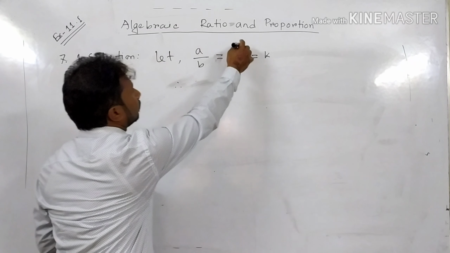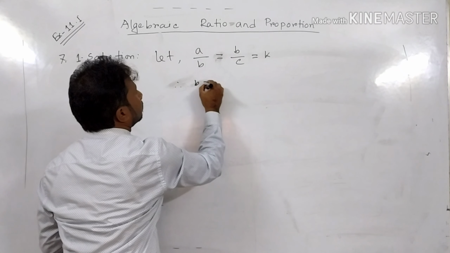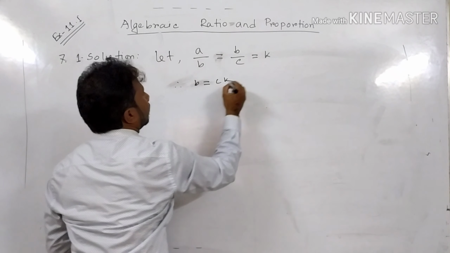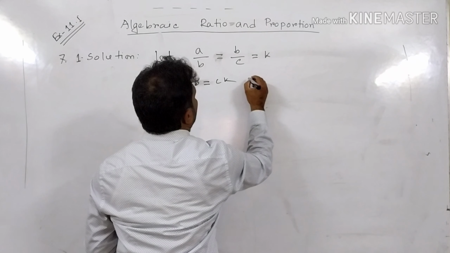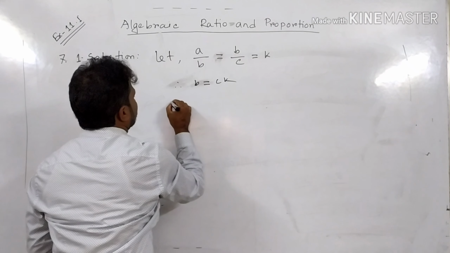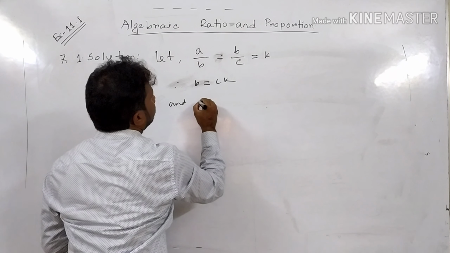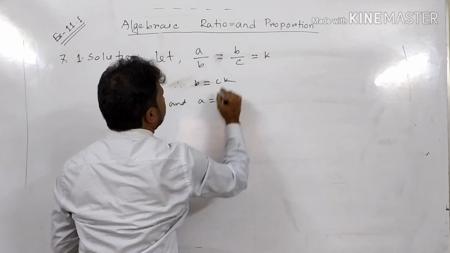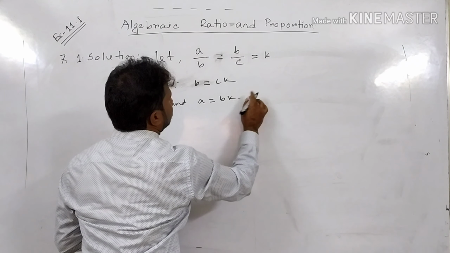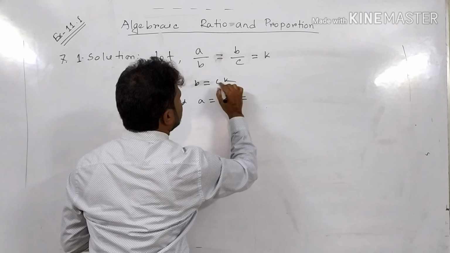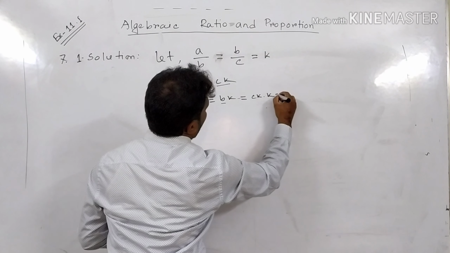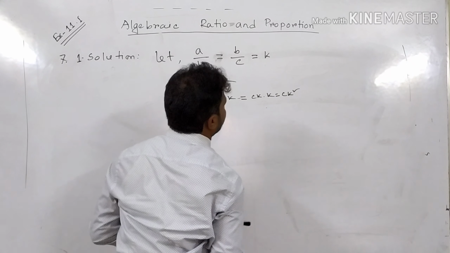Now, B equals CK, and A equals BK, and since B equals CK, A equals CK into K, equal to CK square.